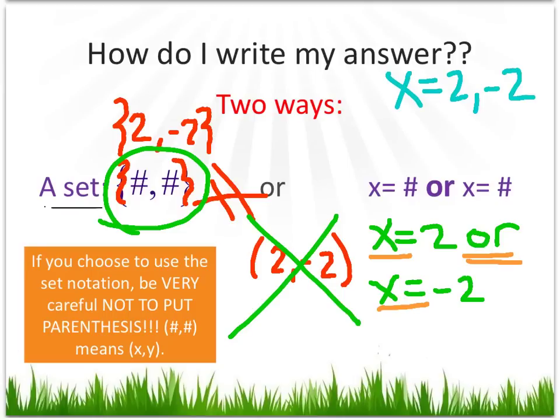I don't want to see that at all. And please make sure you put the or in between. I don't want to get any answers that look like this. Okay? Because a little comma there to me means and, and it's not and, it's or. One or the other. X is there or x is there. It's not in two places at once.